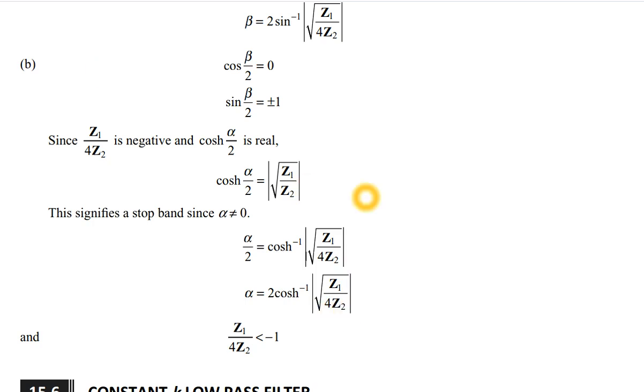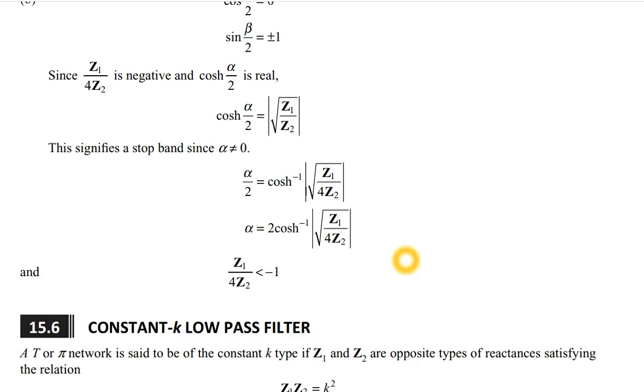So this is the region of stop band, because attenuation is not equal to 0. When attenuation is 0, we consider it as pass band. When attenuation is not 0, that means there is some attenuation, so it is considered as stop band. These are two important points, listen carefully.